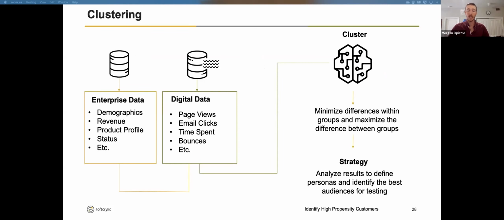So this is kind of a depiction of how that clustering is going to work. We're going to take that enterprise data we talked about, maybe demographics, revenue, certain product profiles, membership status within your organization, and then that digital data, so things like page views, email clicks, time spent.